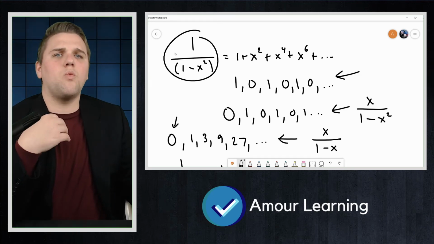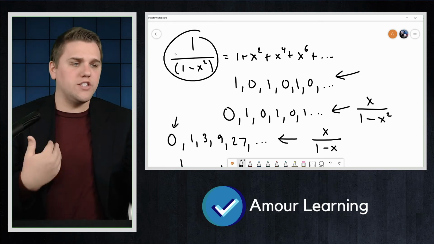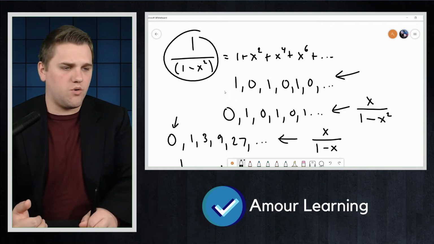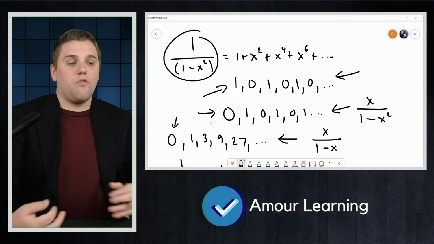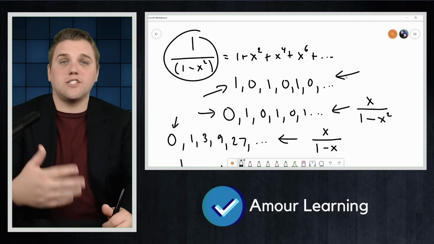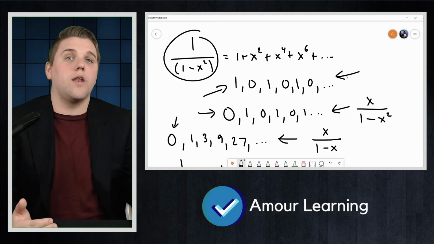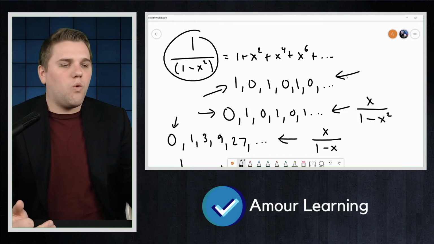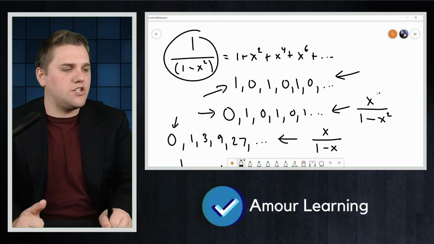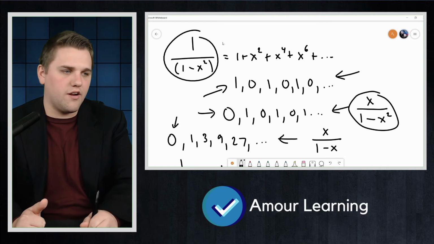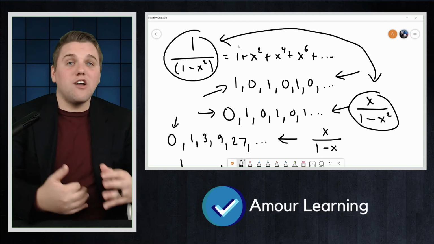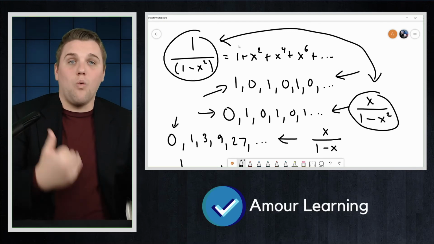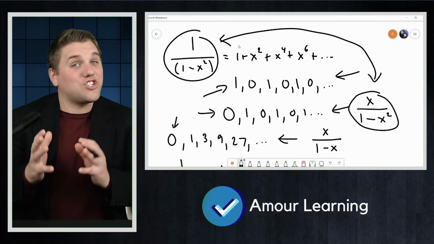So what if we add the sequences 1, 0, 1, 0, 1, 0 and 0, 1, 0, 1, 0, 1? If we add those two sequences, we would get just the constant sequence 1, 1, 1, 1, 1, 1, 1. What happens when you add these two generating functions together? We should get the generating function for the sequence 1, 1, 1, 1, 1, and it actually works.